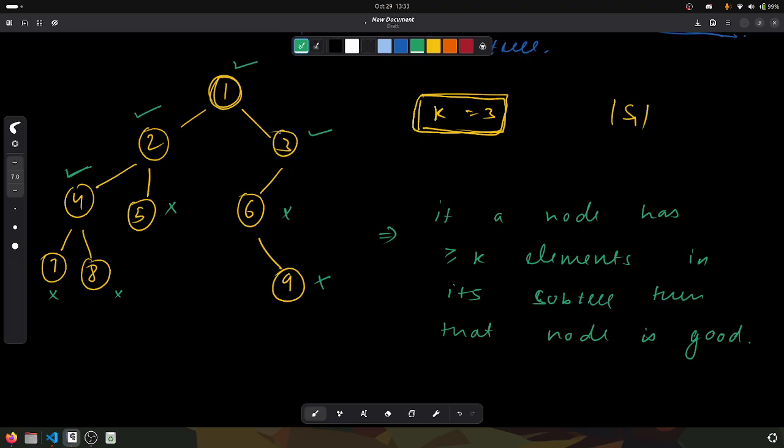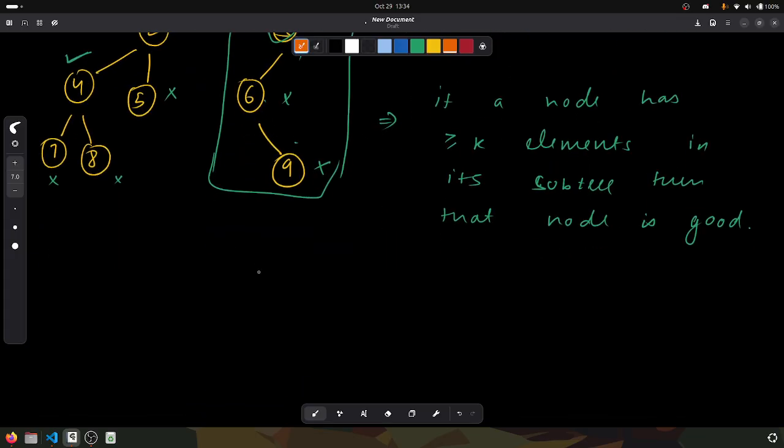We can look at this 3: its subtree had 3 elements, which is greater than or equal to k, so it was cute. Let me generalize this a little. Say I have some node x here and this is its subtree.